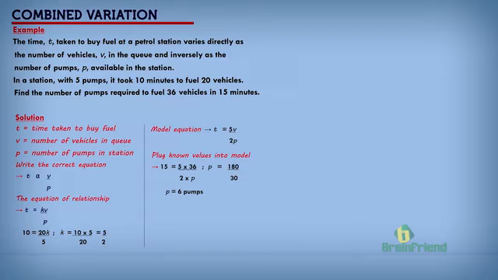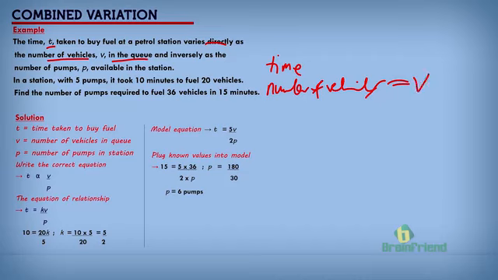The time t taken to buy fuel at a petrol station varies directly as the number of vehicles in the queue, number of vehicles represented by V, time represented by T, and inversely as the number of pumps P, so number of pumps.